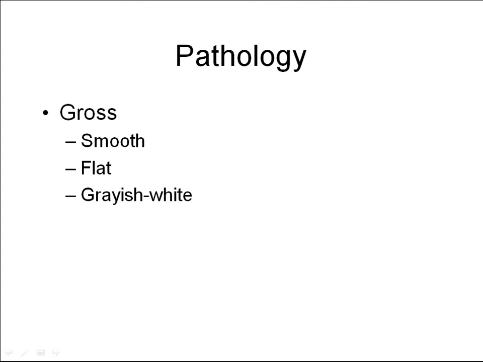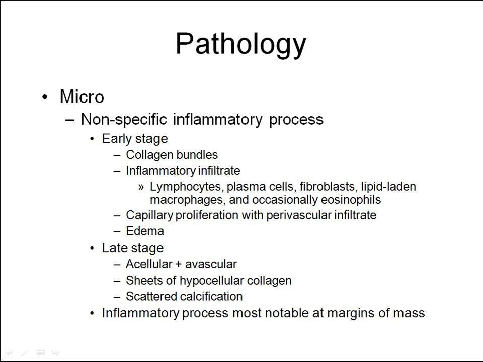On pathology, gross specimens are typically smooth, flat, and show a grayish-white color. And microscopically, what you see is a non-specific inflammatory process. In the early stages of the disease, you see collagen bundles, an inflammatory infiltrate consisting of lymphocytes, plasma cells, fibroblasts, macrophages, and occasionally eosinophils, as well as capillary proliferation and a perivascular infiltrate, and edema related to inflammation.